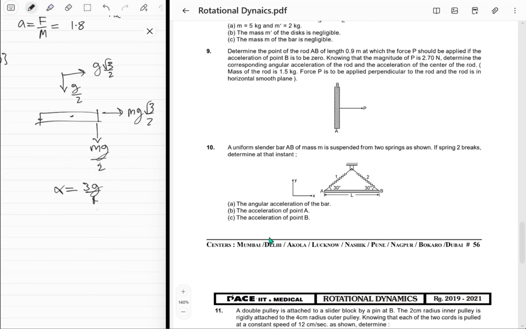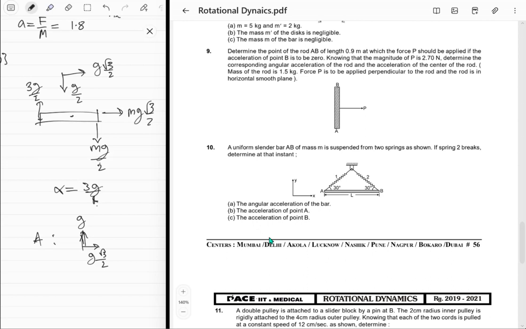So this guy's relative acceleration will just be L upon 2 times this, so it's going to be 3g upon 2 in this direction. Well, this is going g by 2 down, but then it's going 3g upon 2 up, as seen by this guy. So just add these up. It should be just g upwards. So point A is g upwards, and g square root 3 upon 2 in this direction.